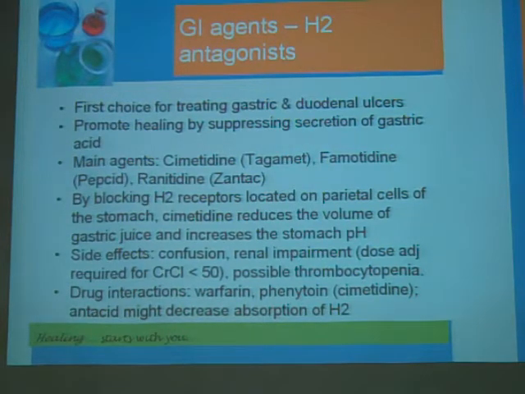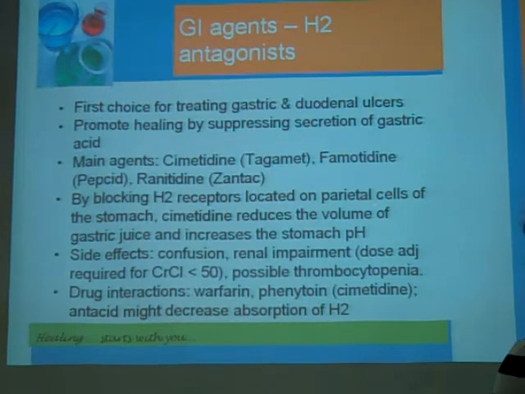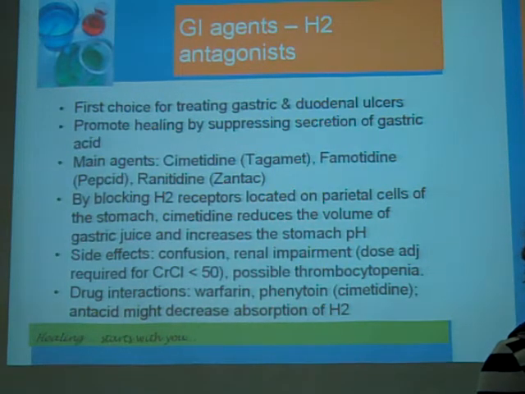Because there's one chemotherapy agent also ends with tidine, but in general terms, cimetidine, famotidine, ranitidine, they are H2 blockers. So by blocking those little H2 receptors inside the stomach called parietal cells, it reduces the gastric acid and then brings up the pH level.